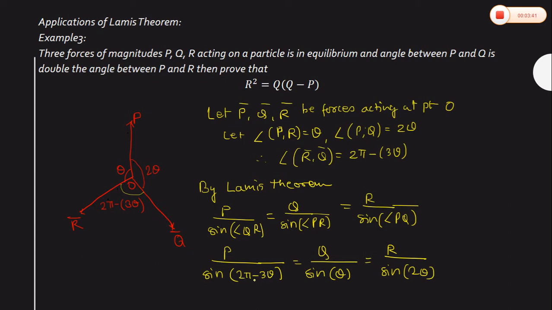For 2 pi minus 3 theta, if you draw the quadrants, with pi and 2 pi, minus 3 theta places you in the fourth quadrant, and in the fourth quadrant cos is positive, but sine is negative. Therefore, the value is negative.